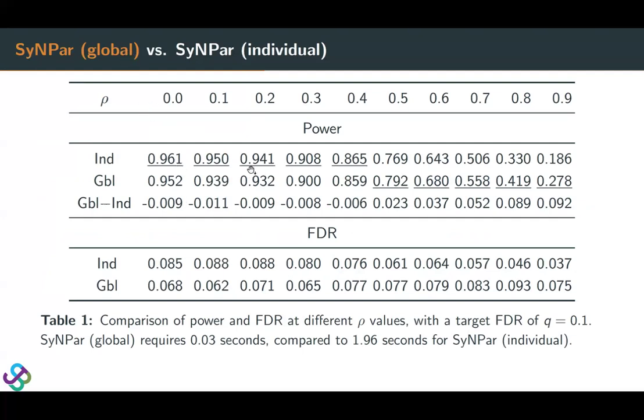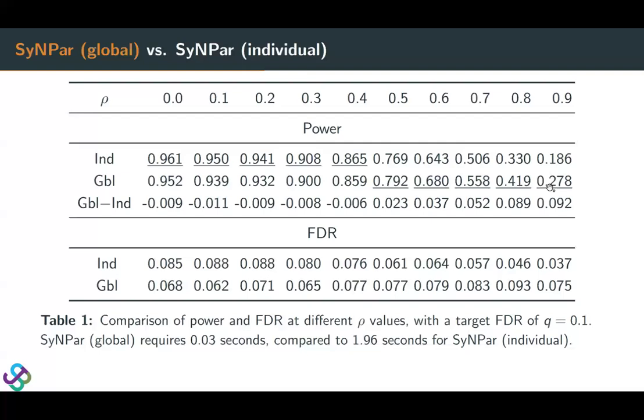But with that approach, we can see that global null is actually not necessarily worse than individual null. Both the global null and individual null control the FDR under the target 0.1. In terms of power, when features are more uncorrelated, individual null has some higher power advantage, but when features are more correlated, the global null actually has an advantage.